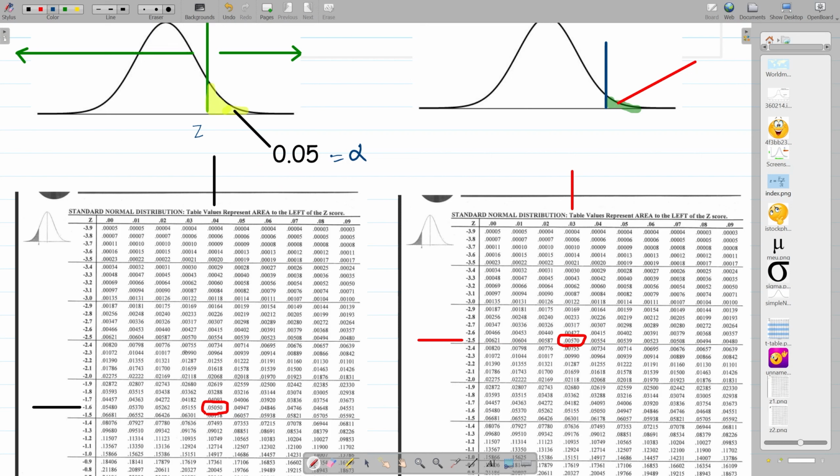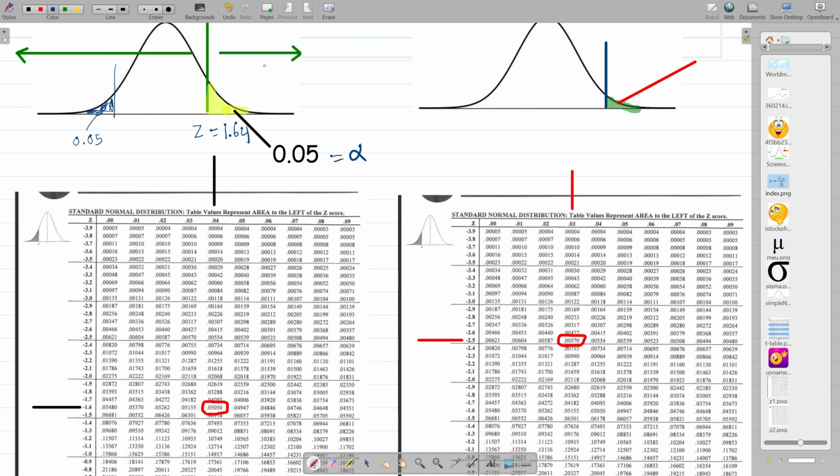Now I'm going to use this negative z table and take the critical value. If you color the same 0.05 area from the left side, that z value will be minus 1.64. We discussed these things. Because of the symmetry, we can say that the positive critical value is 1.64.